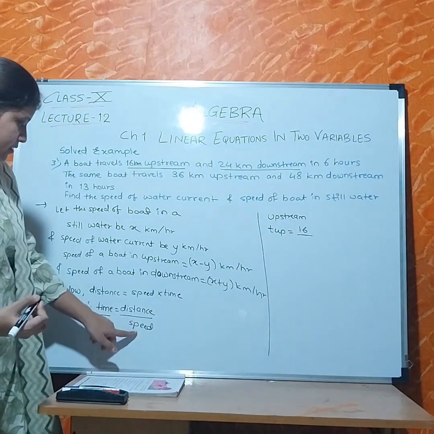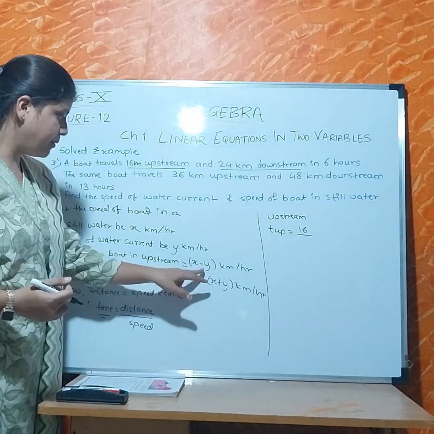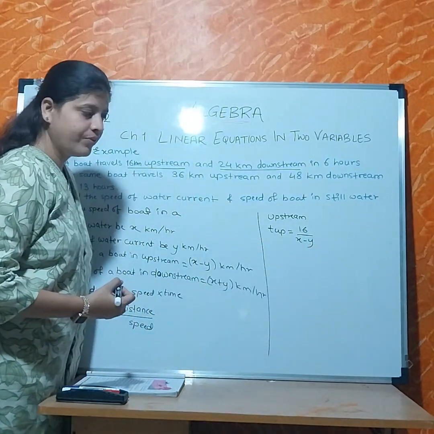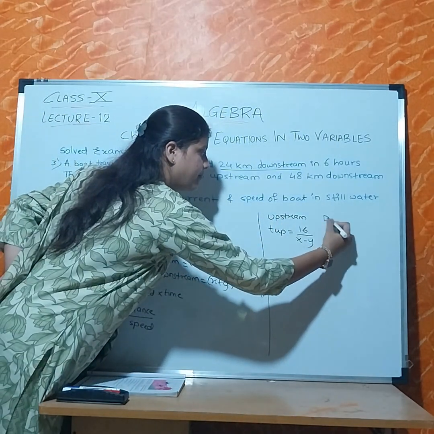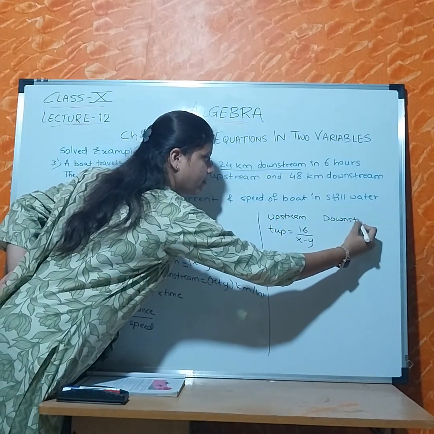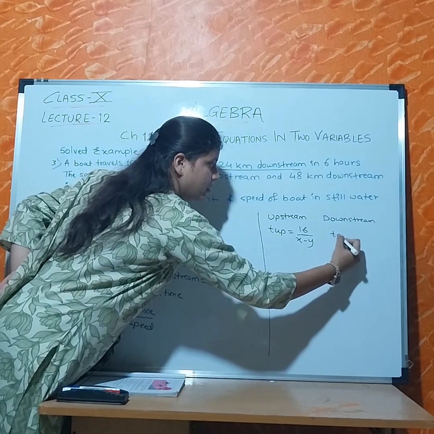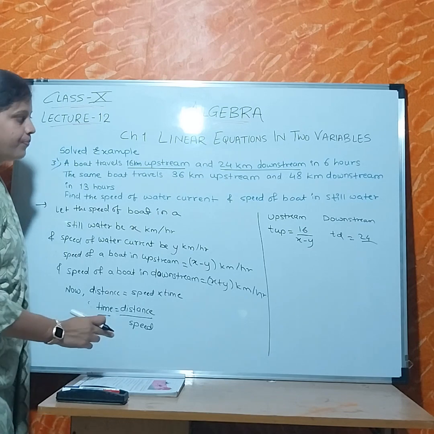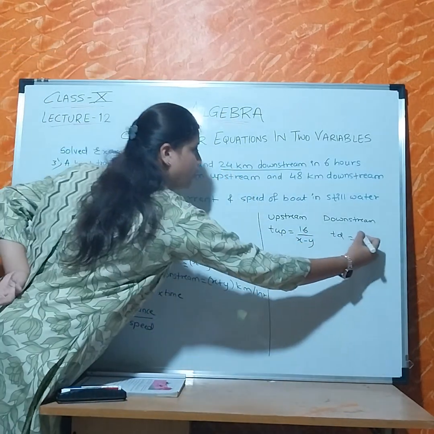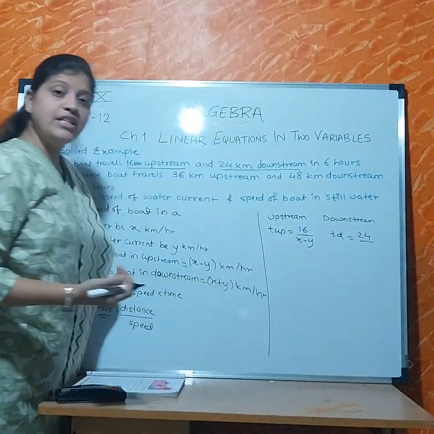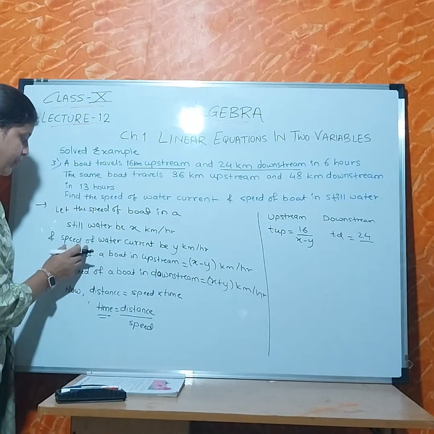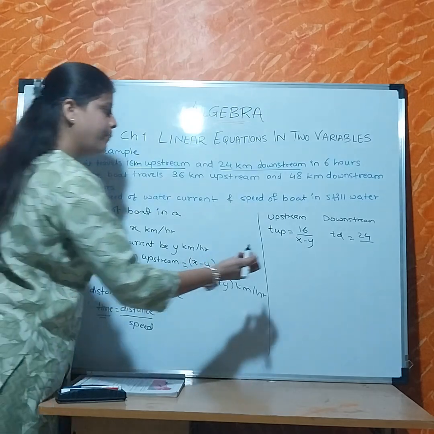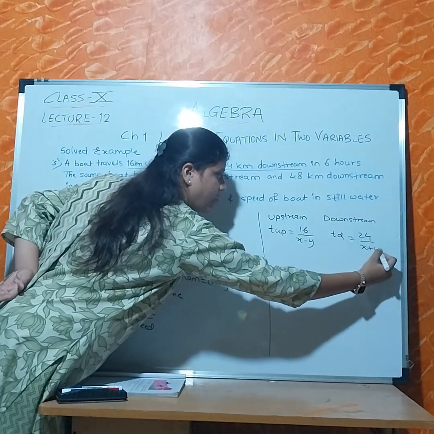And what is speed? Speed for upstream is x minus y, right? Similarly, for downstream, T down is equal to distance upon speed. This is 24 km, so 24 upon, now what is speed for downstream? Speed of a boat in downstream is x plus y. So here, x plus y. Understood?